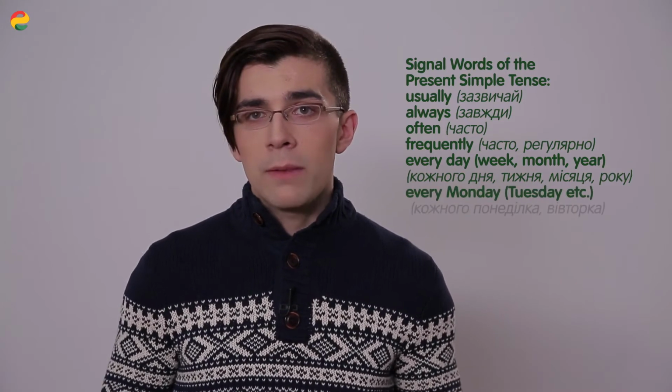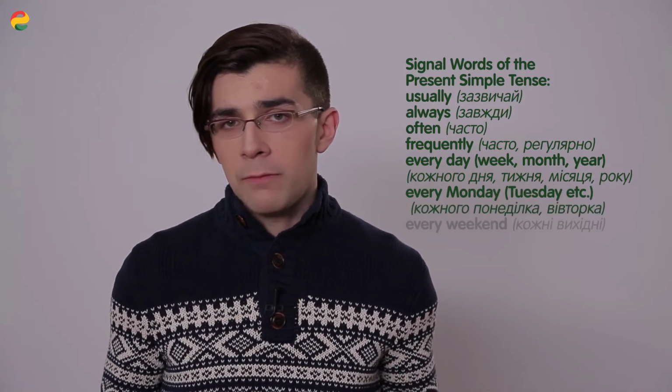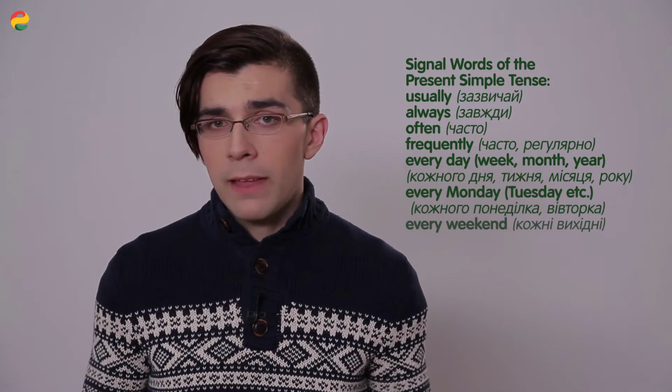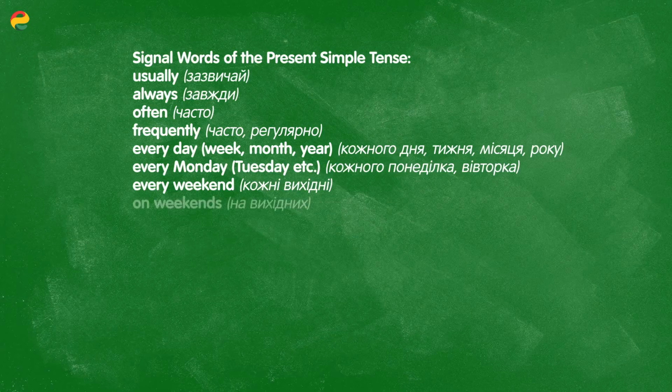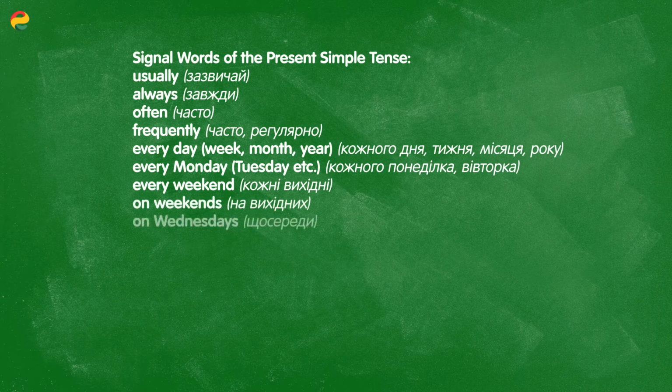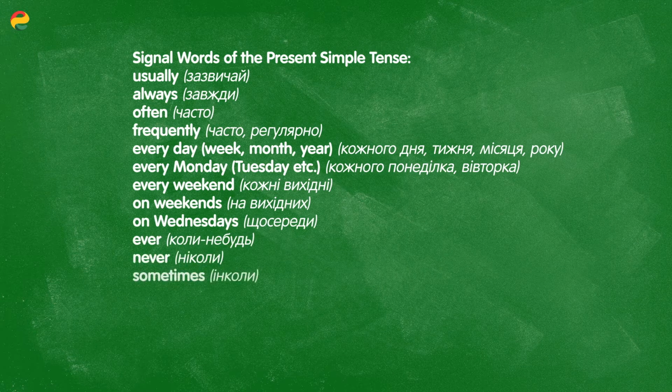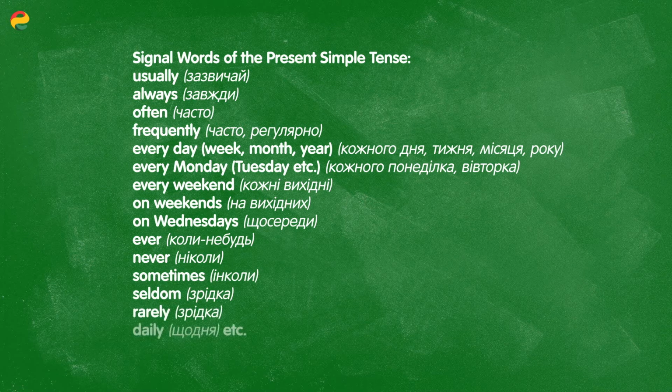For example, every Monday, every Tuesday, every weekend, every month, every anything. But as long as you see every. Or for example, phrases like on weekends or on Wednesdays. Or other phrases like ever, never, sometimes, seldom, rarely, or even daily. We will use the present simple tense.